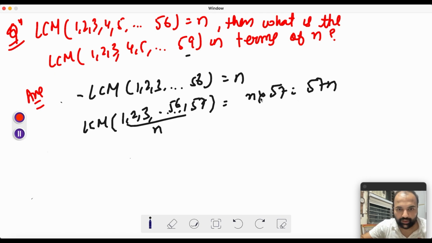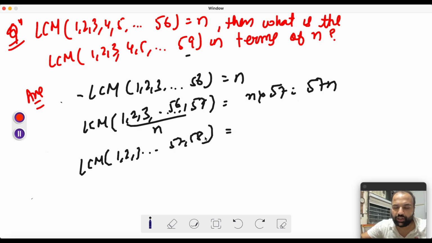Now let's go to 58. If I go for 57 and 58, now 58 is 2 into 29. Already we have 2, already we have 29 over here. So LCM would not change because 2 and 29 both have already been calculated.